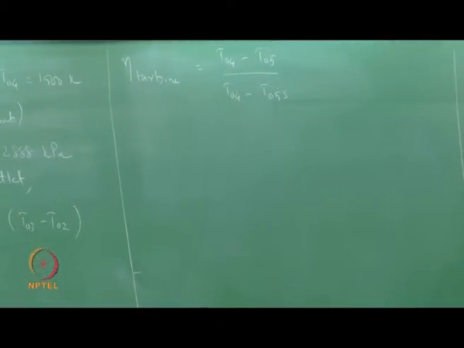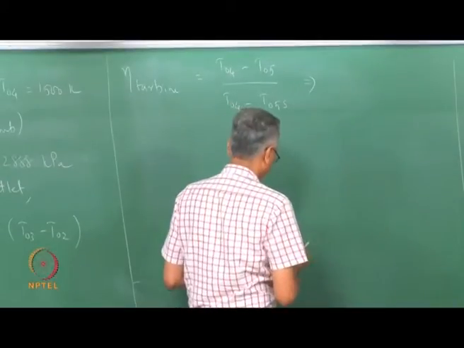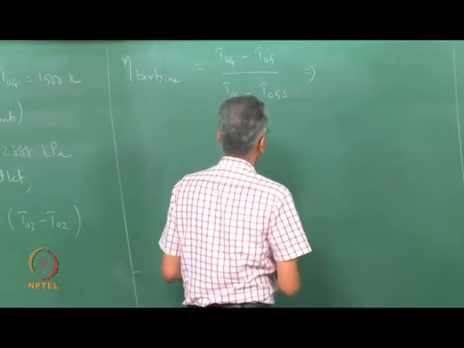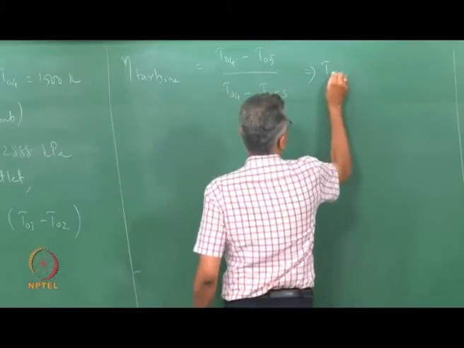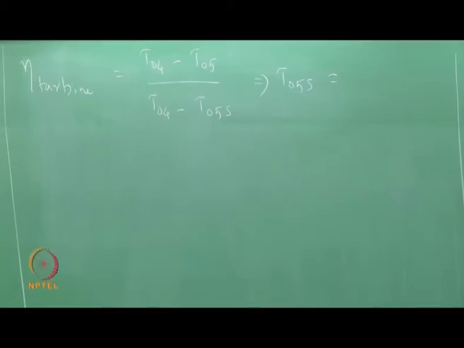So, I can calculate T05s from this expression. I know eta turbine also. Eta turbine is given to be 0.9. Can you calculate this and tell me what it comes out to be? T05s is 1017 Kelvin.